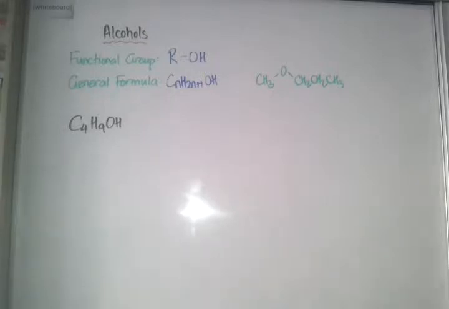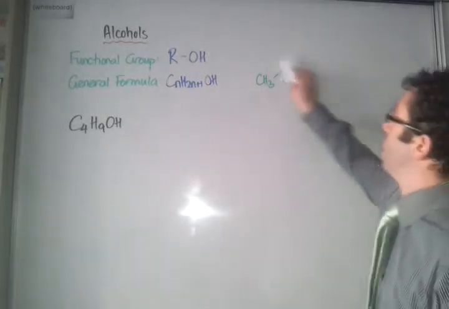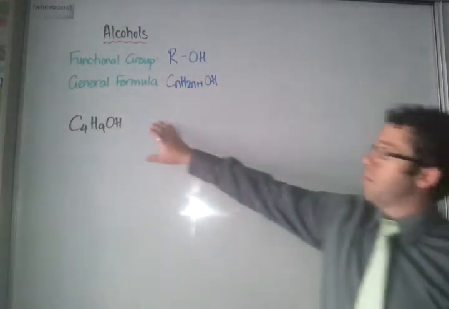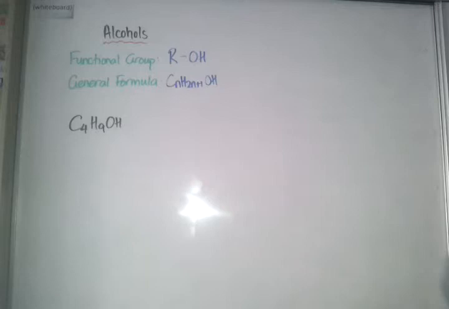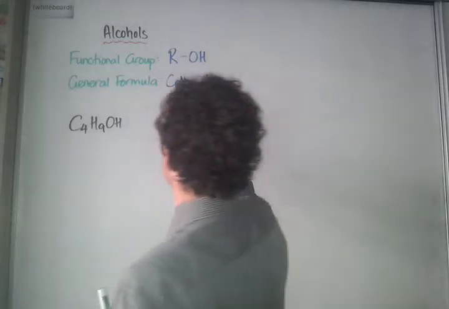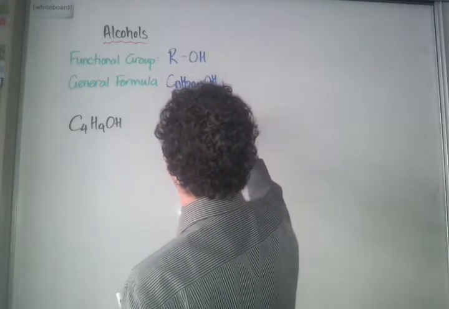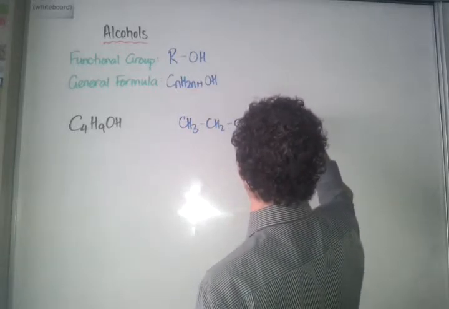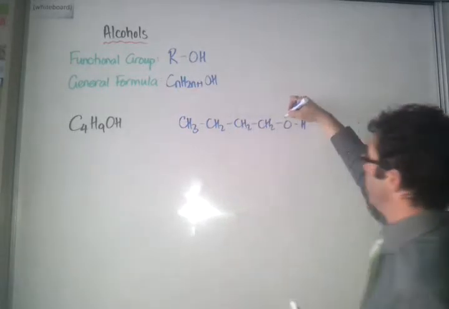Right, just quickly going to go through a couple of those typical properties with you. If we have a look at the most obvious version of this here, which has got 4 carbons, so it's a type of butanol, we can see that on the end it has an OH group.